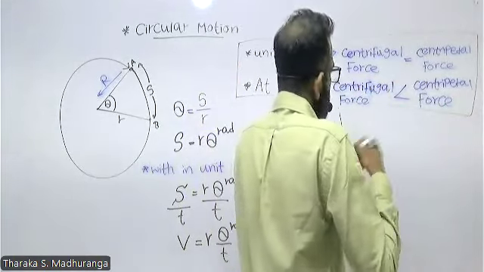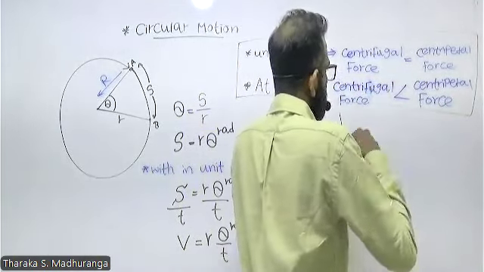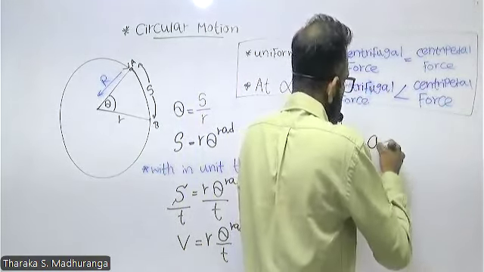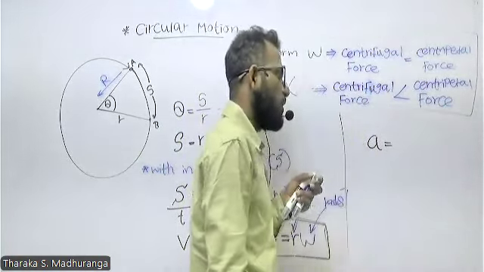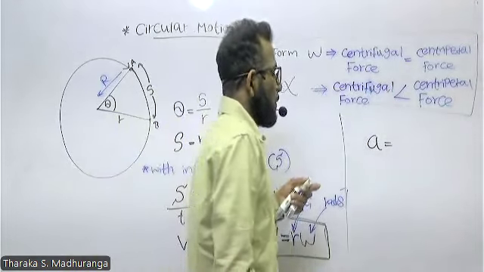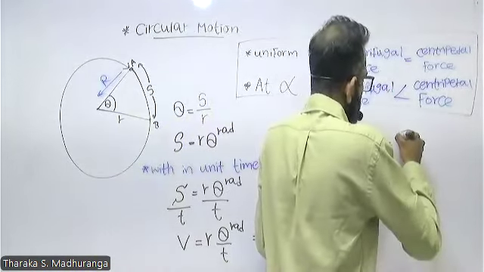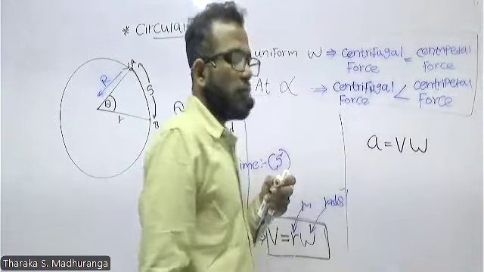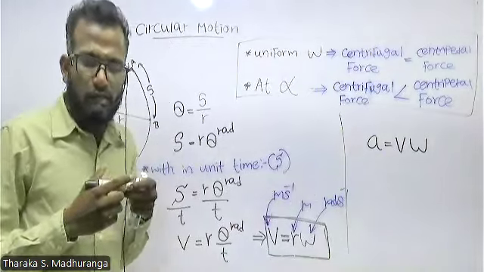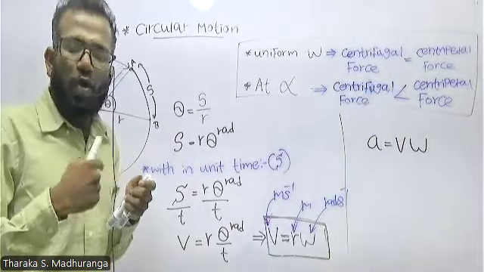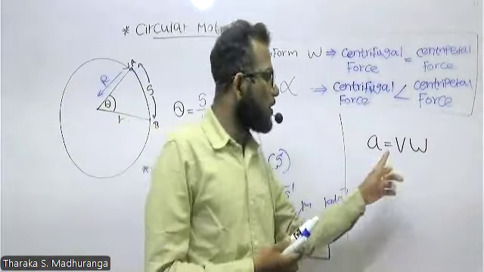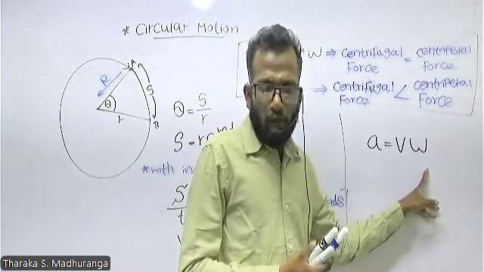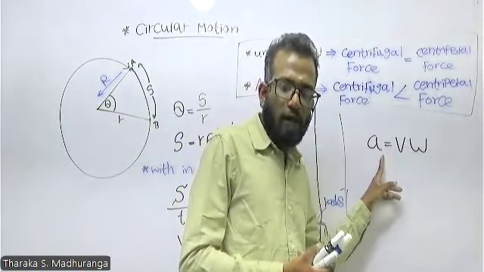The equation: you can get the centripetal acceleration A equal V omega. That's a common equation for centripetal acceleration. V means the speed of the circular motion object. The omega means angular velocity.